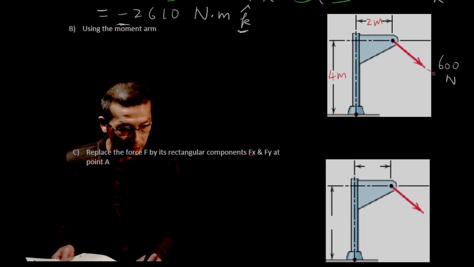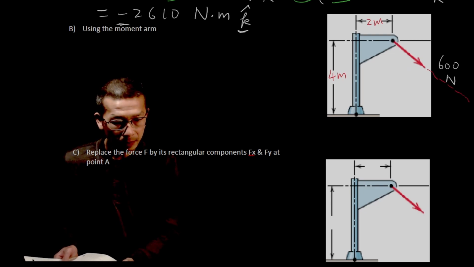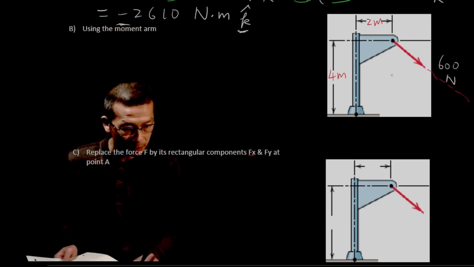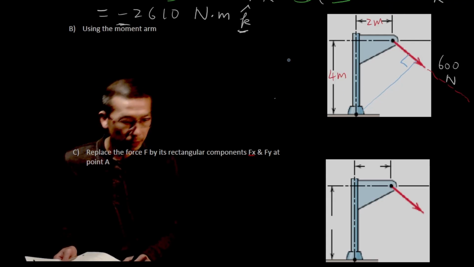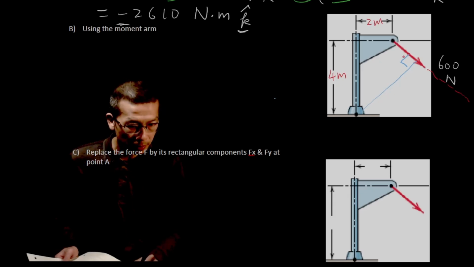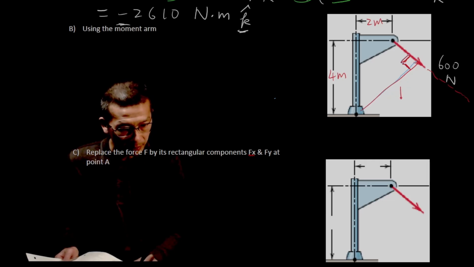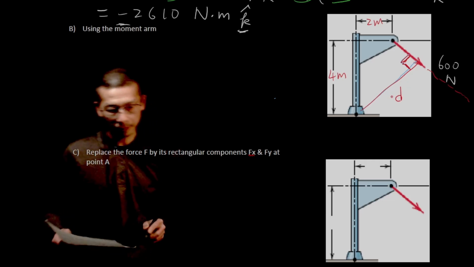So let's draw the line of action, and the perpendicular distance. Maybe I'll use red. So this here is our D.